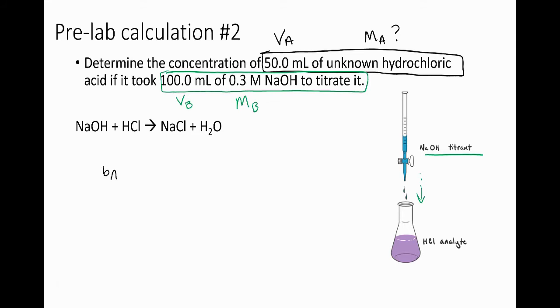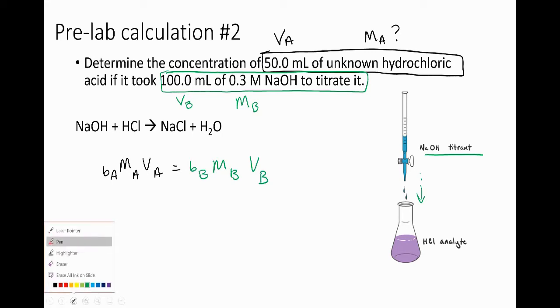So let's write out our equation. BaMaVa is equal to BbMbVb. All right, so let's start with what we know. Let's look at our acid and see how many acidic hydrogens it has. It just has one acidic hydrogen. The molarity of acid is unknown, so that's what we'll be solving for.